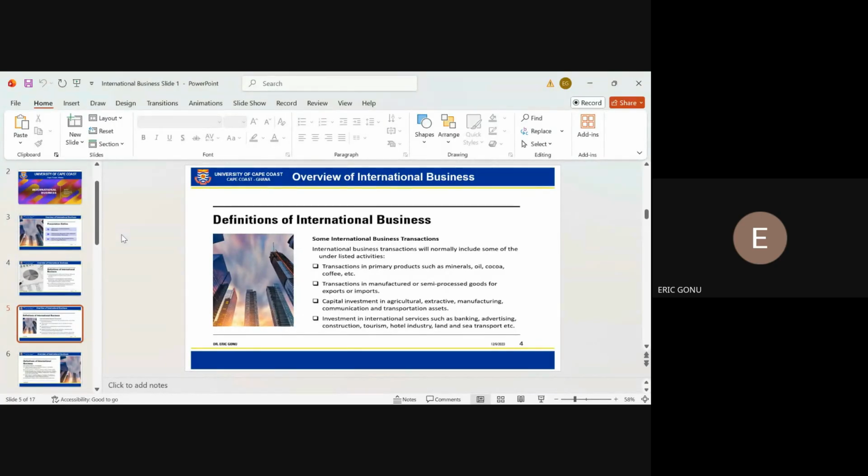These are all capital investment activities, and the moment it happens, it means that the organization is involved in international business.